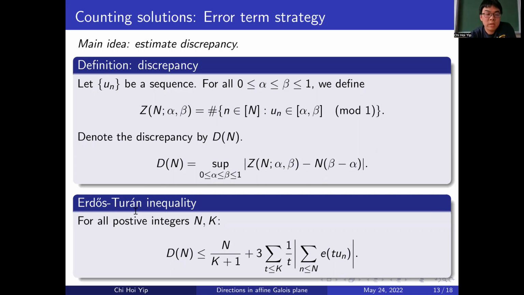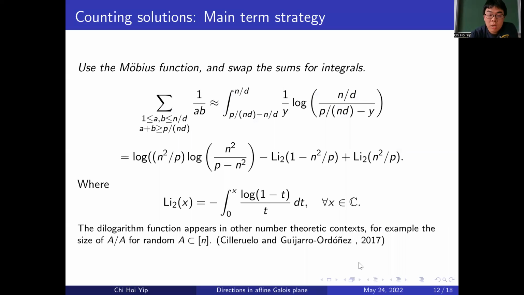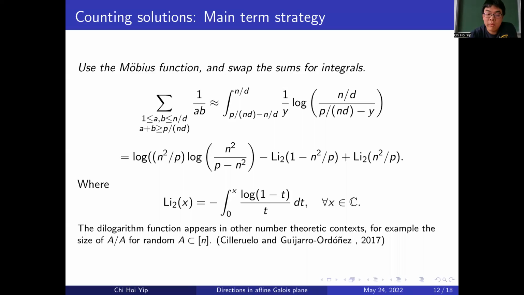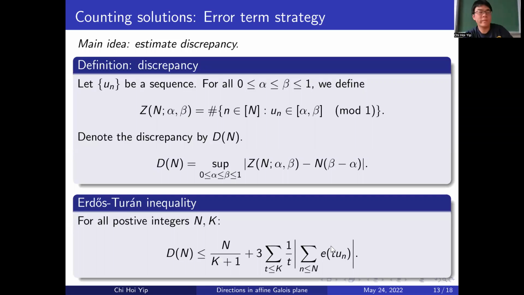And there's a famous inequality by Erdős–Turán saying that we can bound the discrepancy by a certain kind of exponential sums. In our case, the sequence u_n involves a certain kind of inverse and these kinds of fractions. So when we apply this, we get some kind of incomplete Kloosterman sum, and we have some bound on incomplete Kloosterman sums, so we can use them to show that the error term is small compared to the main term.